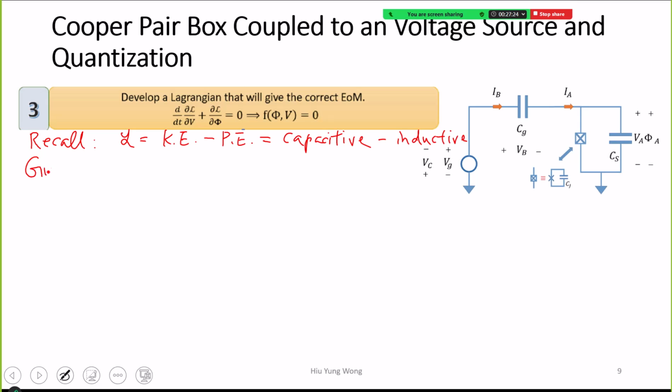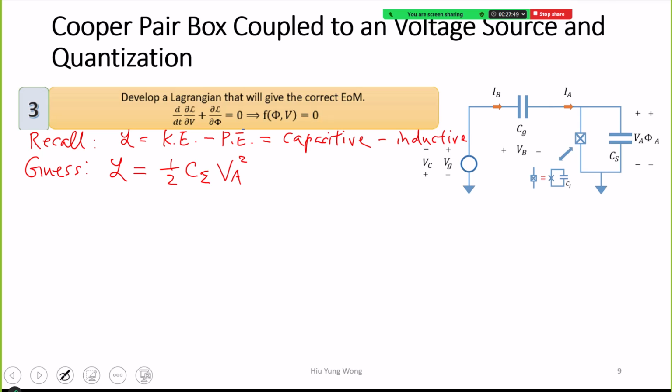So we're going to guess the Lagrangian equals the capacitive energy. Among this whole circuit, I have this capacitive energy, right? 1 over 2 C summation VA squared. This is the capacitive energy associated with these two capacitors.